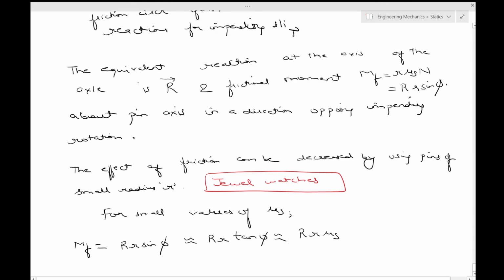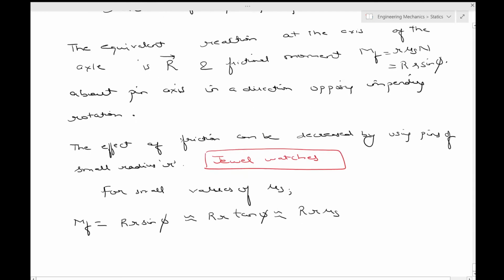So sine phi and tan phi are the same if the angle phi is small. You should be aware of the sine and tangent series also. Just take the first term, you should be good to go. And this is r tan phi, which is mu s into r.